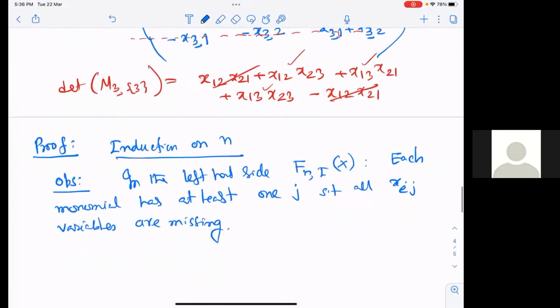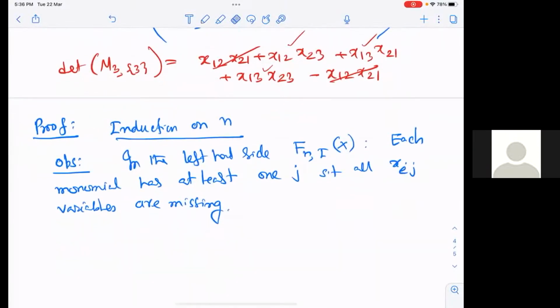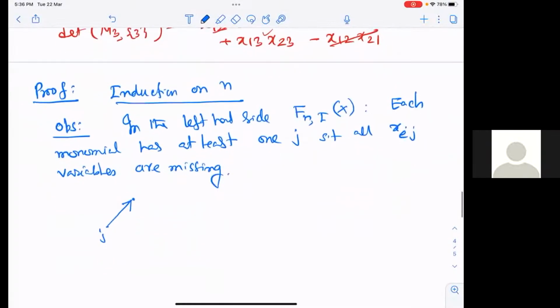Why is that? Because it's a forest, right? So it will have some leaf. And if some j is a leaf, then there is nothing that comes inside j. Everything will be going upward from j. So there is no variable like x_ij. It's obvious.